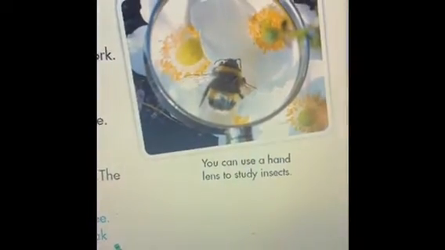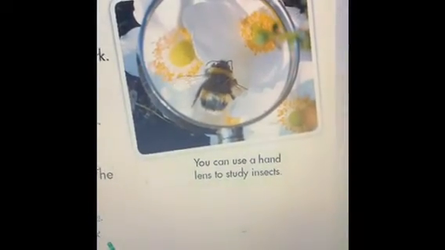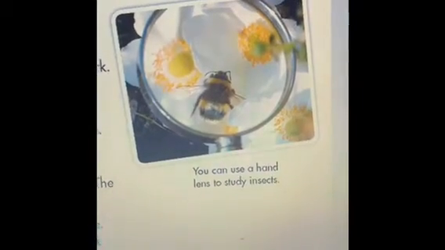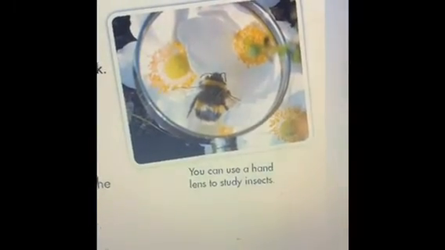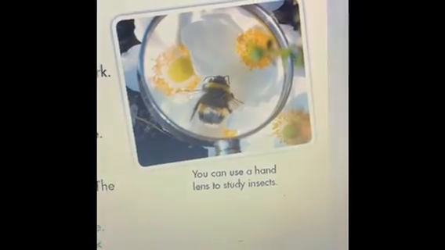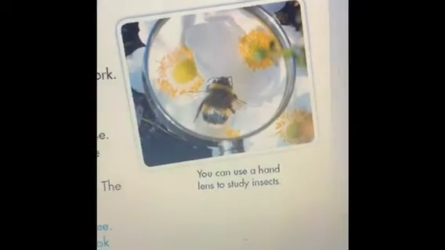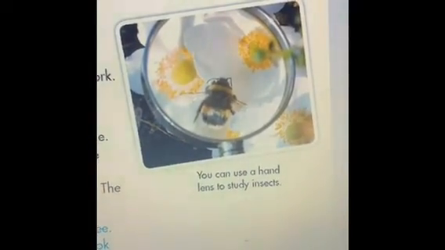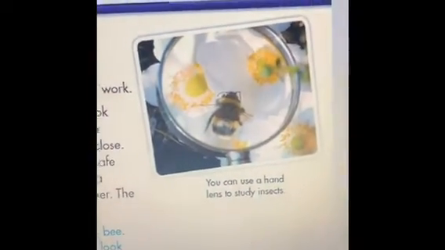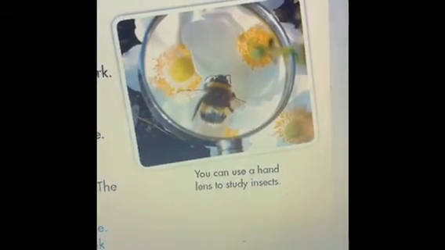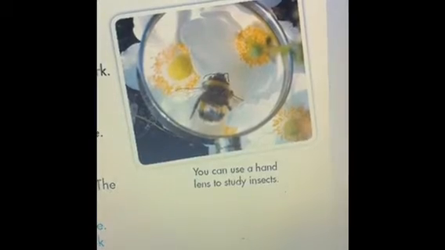Why does the scientist wear a face cover, body cover and gloves? To stay safe. We have some tools that help us stay safe, and also different tools to measure things. And this tool, the hand lens, makes objects look bigger.